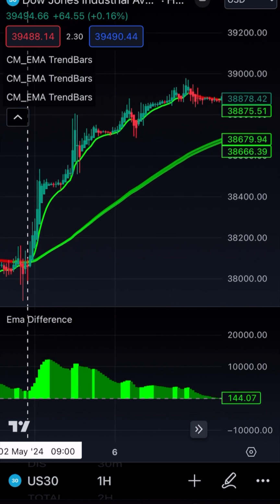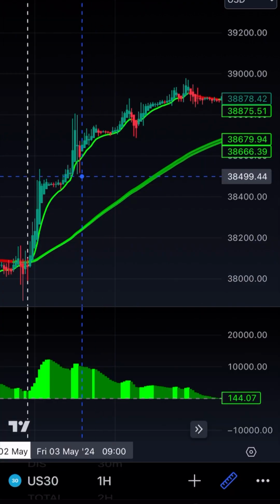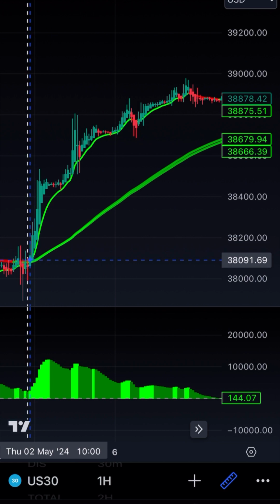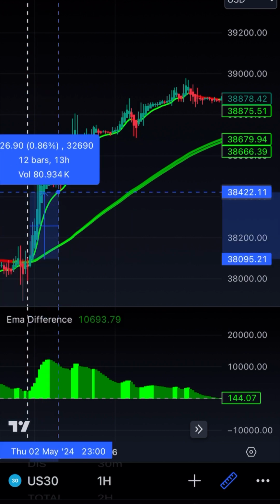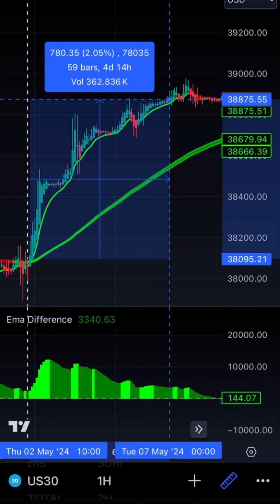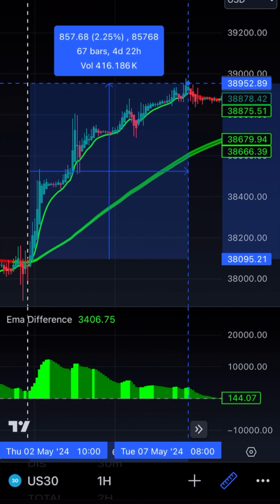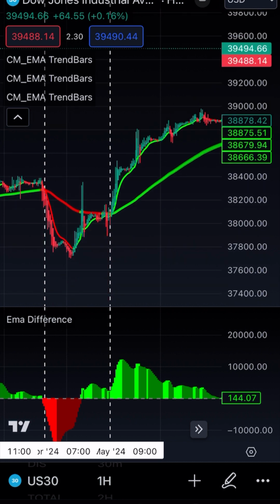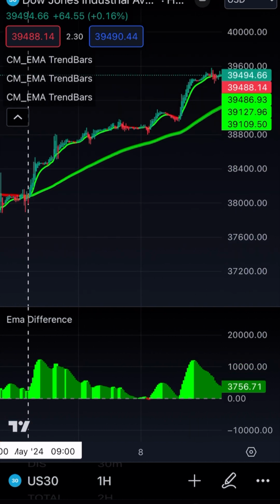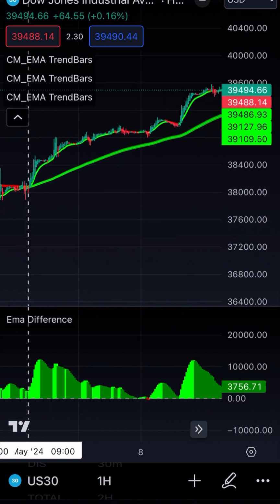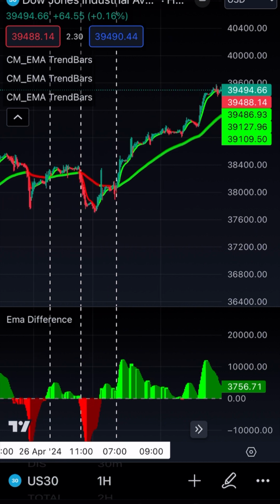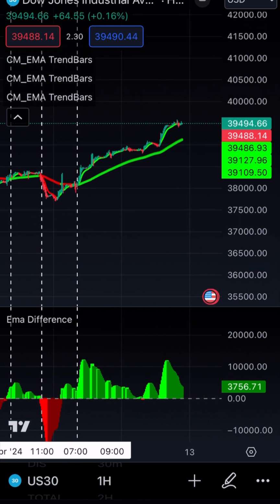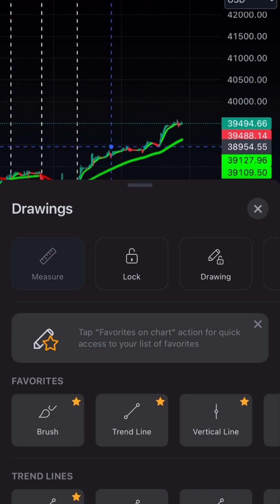So if we do this on the hour, let's just look at this, for example. If you came in right here where it crossed, you could have ridden this entire thing out from here to here. You can also refer to your EMA difference here. As long as it stays green, you're good.